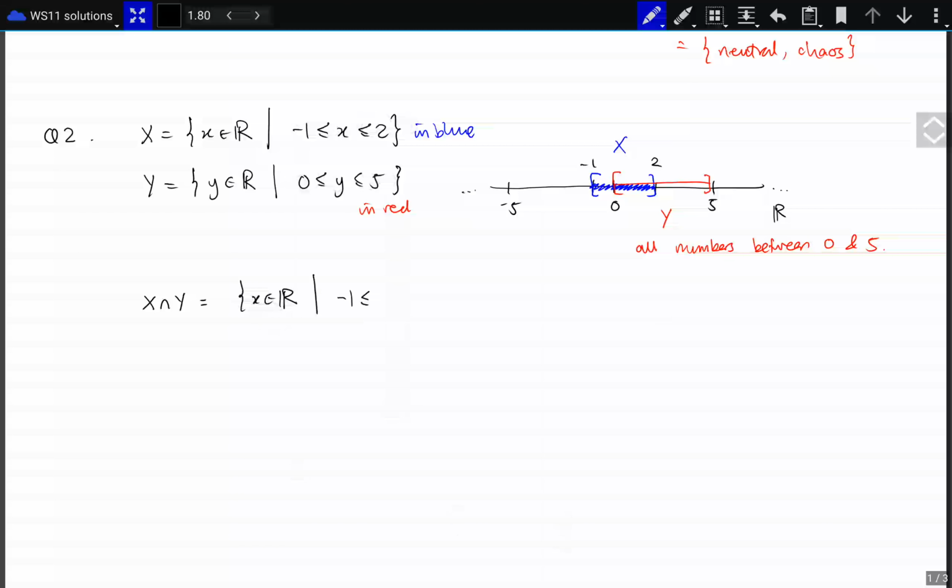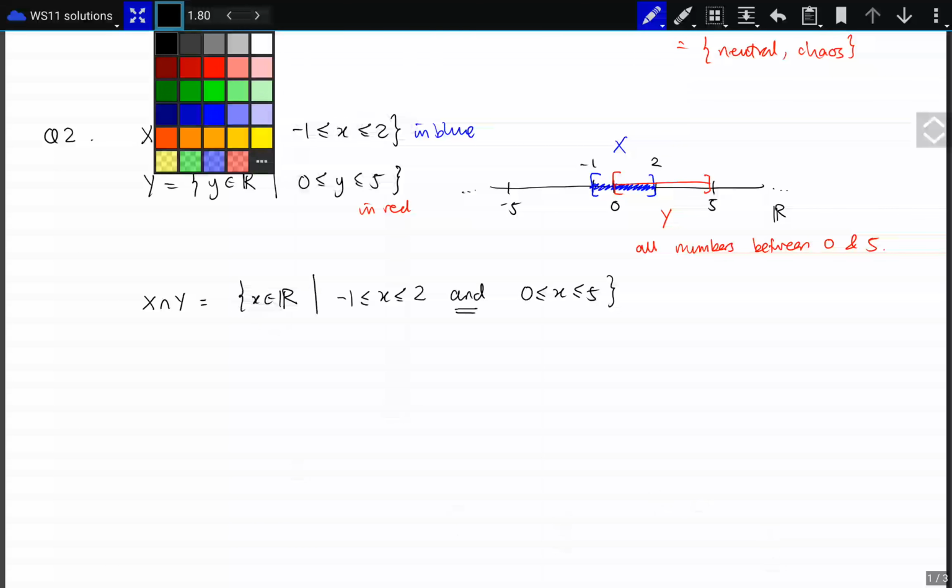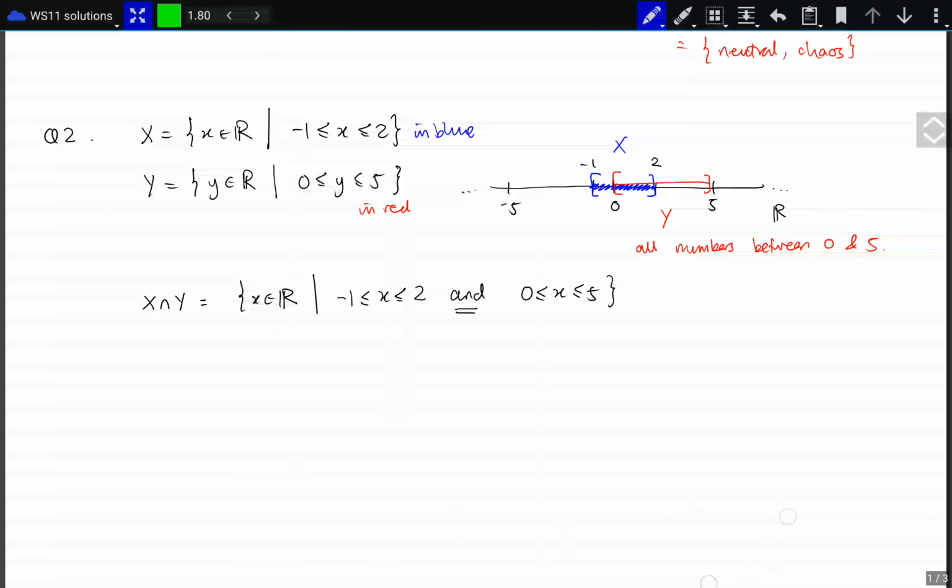So it's between -1 and 2, and it's between 0 and 5. So in the picture, if I draw in the green, it's both conditions, so it's that intersection there. So this is the same thing as all those real numbers, such that it's between 0 and 2.